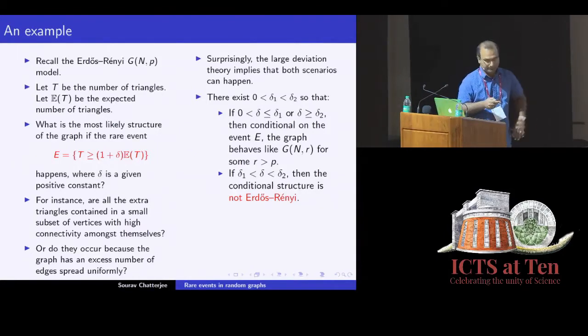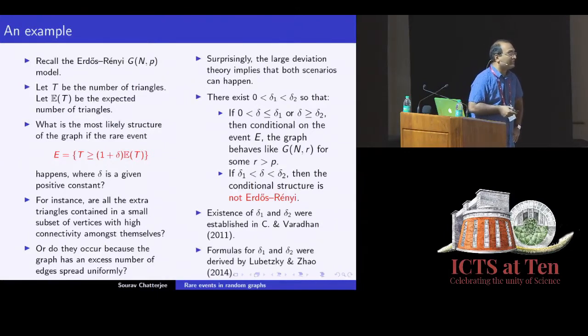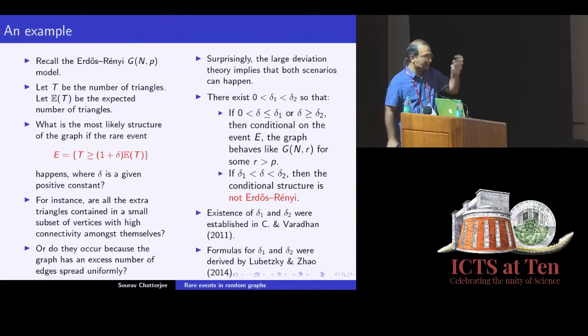We still don't know. The existence of these two numbers was proved in this paper, and then the actual formulas. This is actually complicated, so I cannot show these formulas. It's not so easy to state. These formulas were derived later by Lubetzky and Zhao.